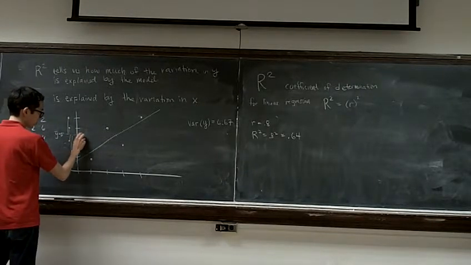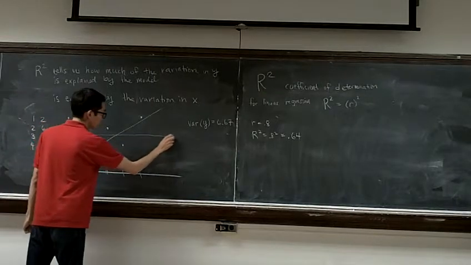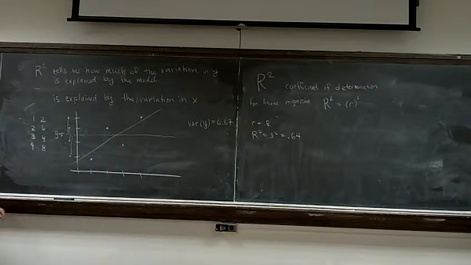Versus without: if x were not in the picture, if I told you nothing about x, your predictions for y would just be around 5. That's the best that you can do. But now that we've included this other bit of information x, we can refine our prediction for y.